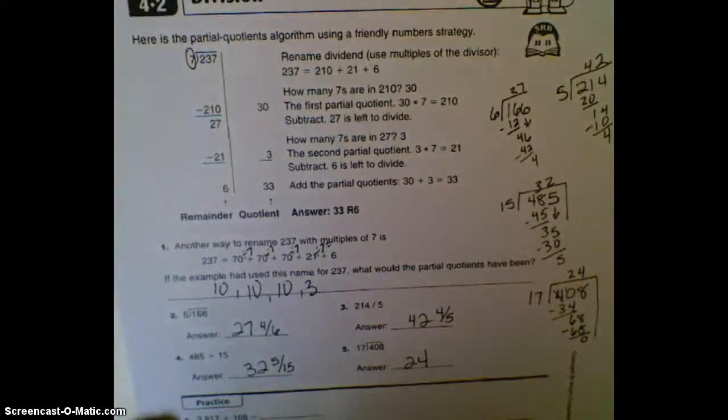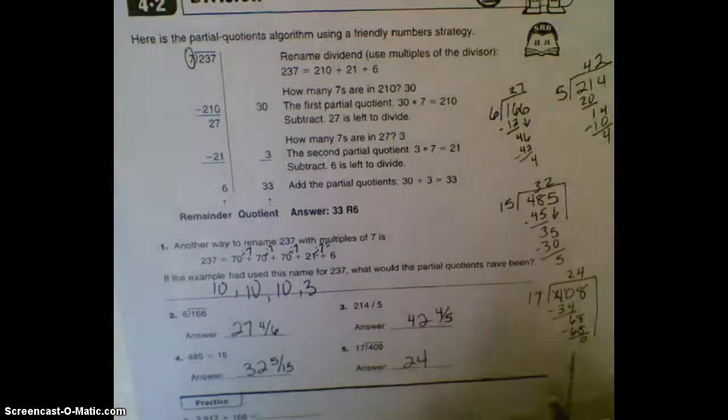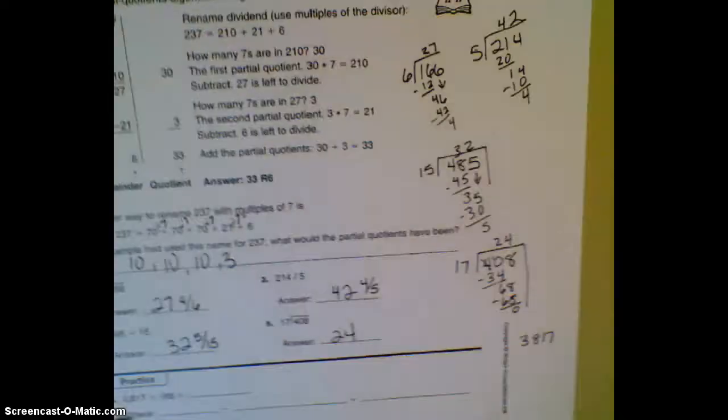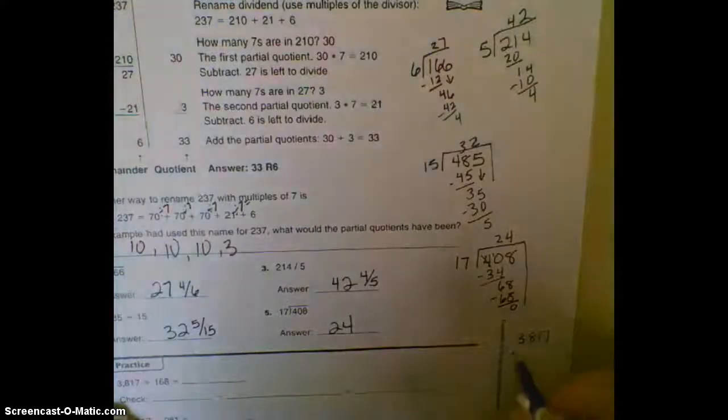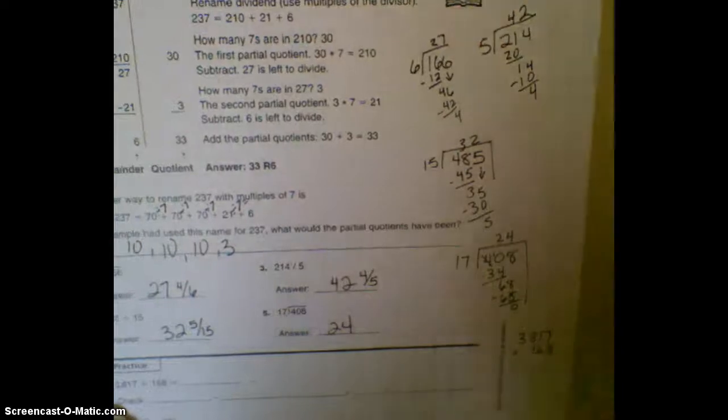This one, it's asking you to break it up and to check it. So first I need to solve it. 3,817 plus 168. I'm going to just pull this down so I have some more writing space and don't lose my spot. 5 plus 8 is 13, carry the 1, so that's 8, 9, and 3, 3,985.